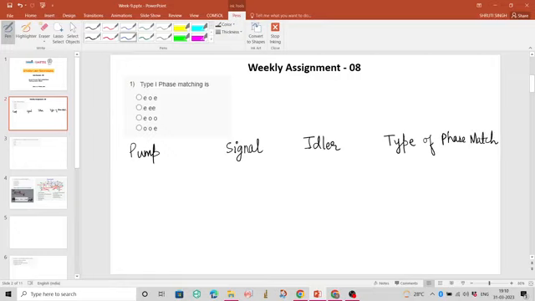So in the first one, the pump is what gets generated, and the signal and idler are the two wavelengths which we feed in.